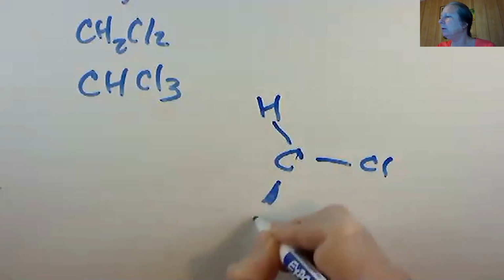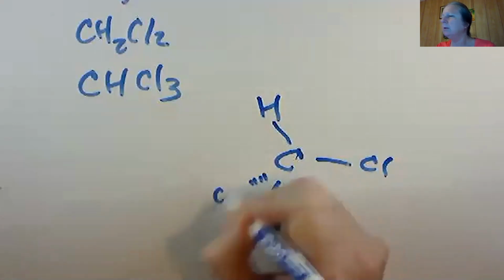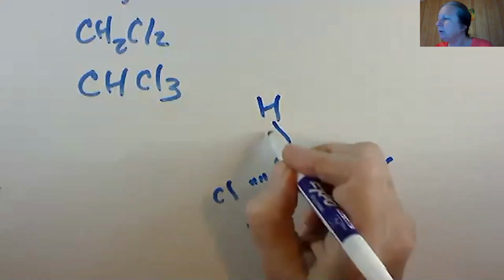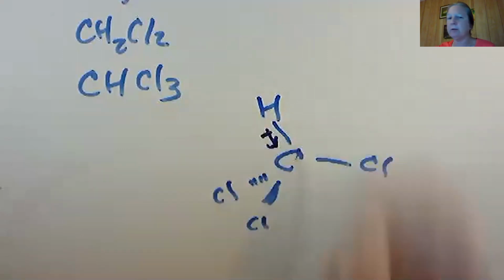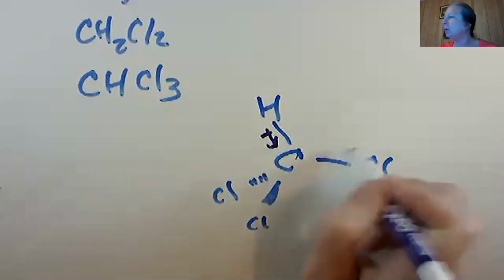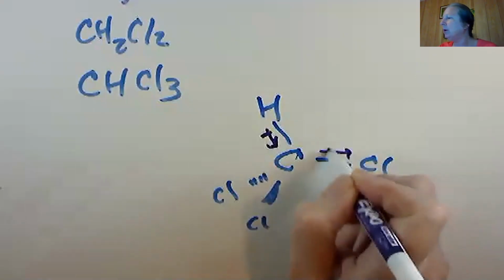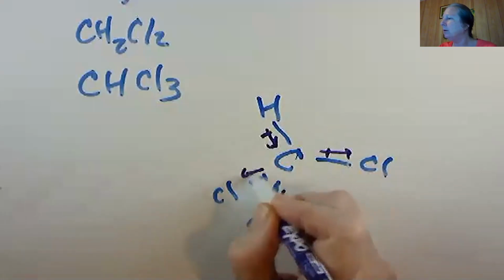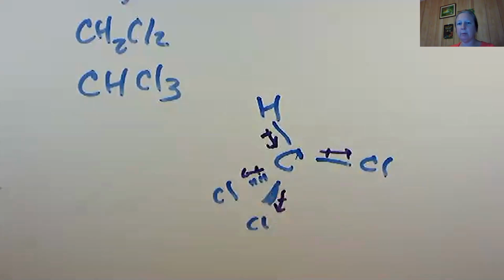So this time my chlorines, and I do them on the bottom because it just makes it easier to draw the vector. Of course, the individual bond polarity, the hydrogen is going towards the carbon because carbon's more electronegative, but the chlorines are drawing the electrons away from the carbon.